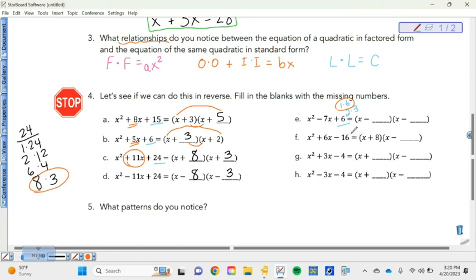What do I do? You make them both negative, right? They put in these negatives for us here. Negative 1 minus 6 gives me negative 7. Negative 1 times negative 6 gives me positive 6. Okay, F. What do I put in the blank space there?